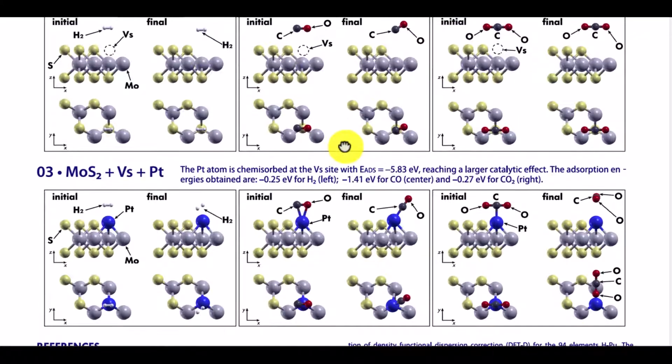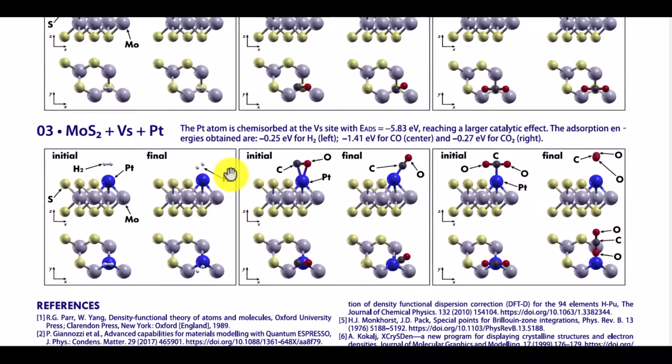And finally, we let a platinum atom interact with this substrate, including the vacancy, and we found that the platinum atom was chemisorbed at the vacancy site with a rather large adsorption energy of minus 5.83 electron volts.